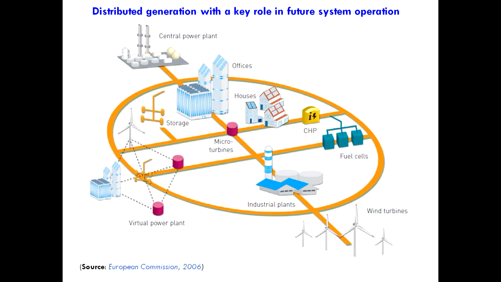And as we see in this diagram here, at least at the moment, centralized power generation is certainly going to be a part of the electric power system for a very long time to come, because distributed generation alone cannot really completely replace centralized power generation.